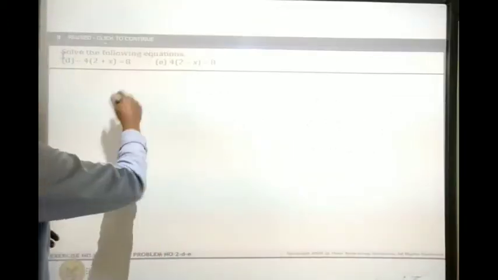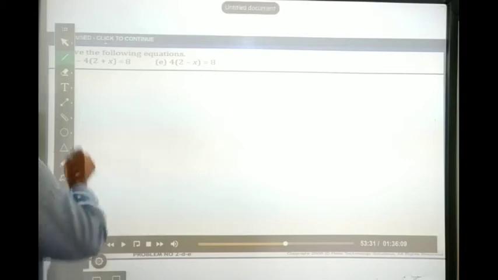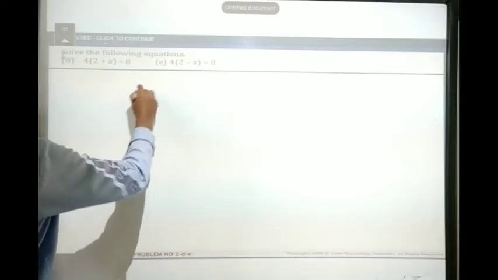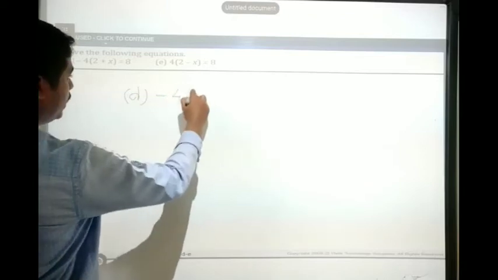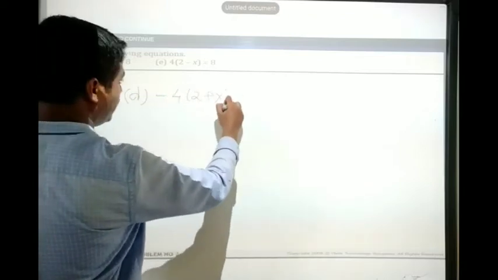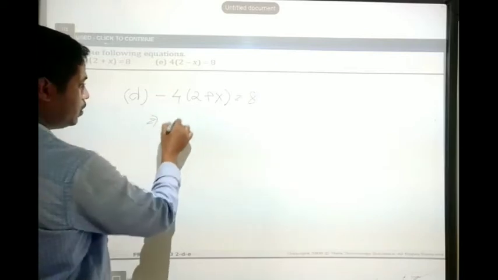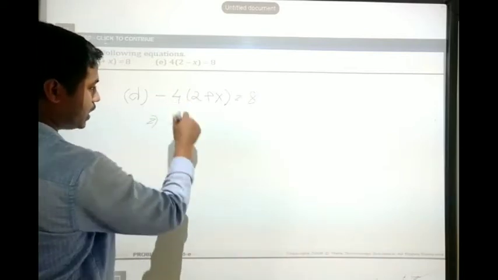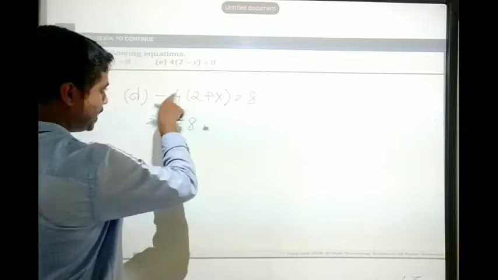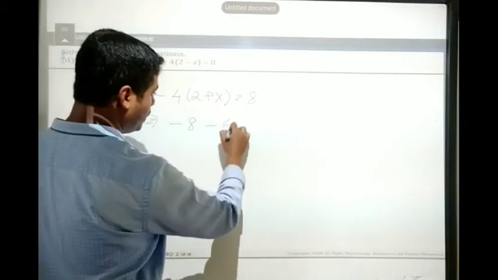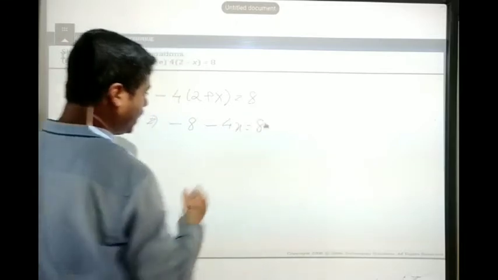So the next question is question D. Let us see the question number D. Question D is: minus 4 into (2 plus x) is equal to 8. Follow the distributive law. Minus 4 2s are 8. Minus into plus will be minus. 4 into x will be 4x, equal to 8.